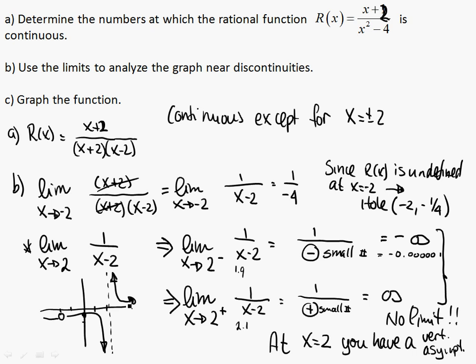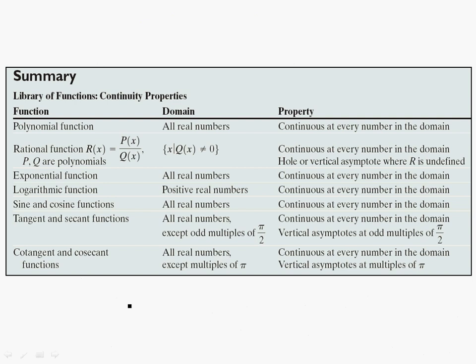Okay, the last slide just shows you a summary of all the things that you should know about the functions that we've discussed this year. For example, you should know that a polynomial function has no domain issues, which means it's continuous across its domain. A rational function, like what I just showed, is continuous except where it is undefined, except where the function in the bottom has a 0.